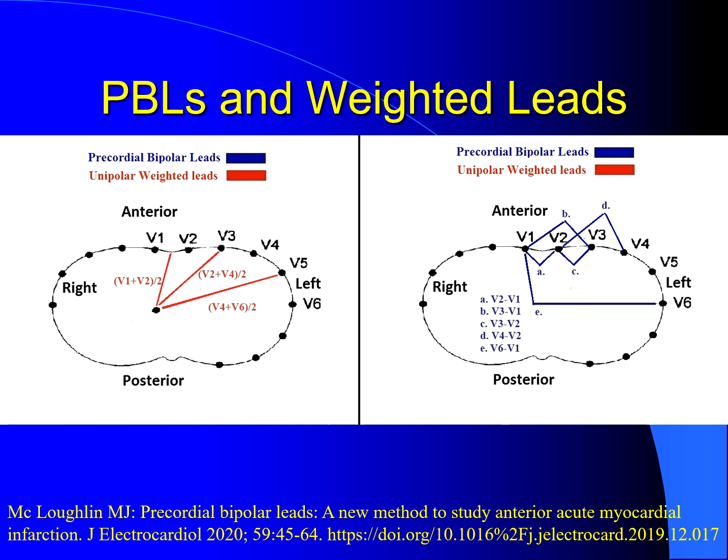Generally, 50% of each lead is used and the lead obtained is located in the middle between the original PULs. The slide shows in red how the average of B1 plus B2, B4 plus B2, and B4 plus B6 are formed. In blue, it can be seen how the PBLs are formed.